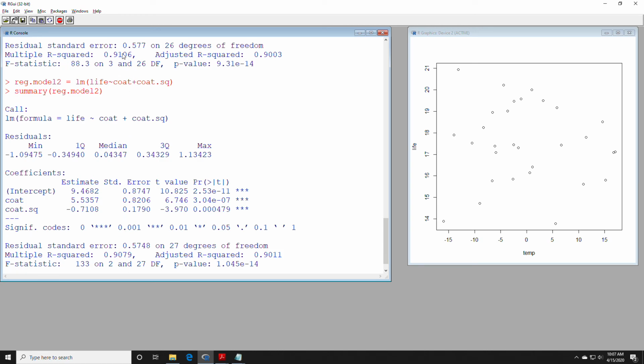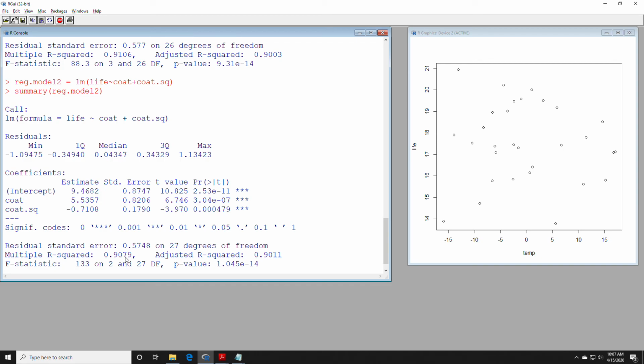These two alone still account for just under 91% of the variability in lifetime. So that's further evidence that temperature was a useless variable in predicting the lifetime of a wire. That's good information to know: that variable really does not seem useful.